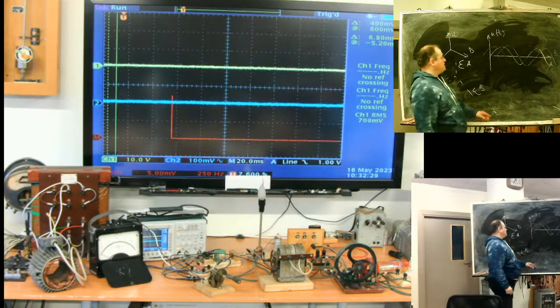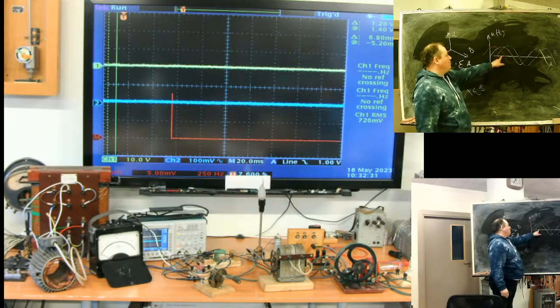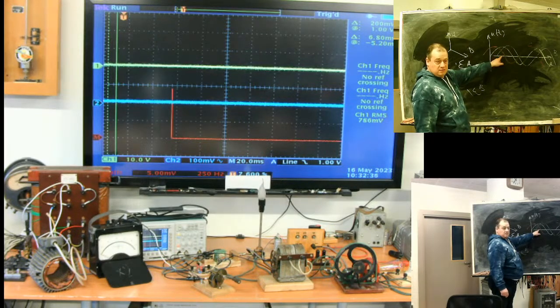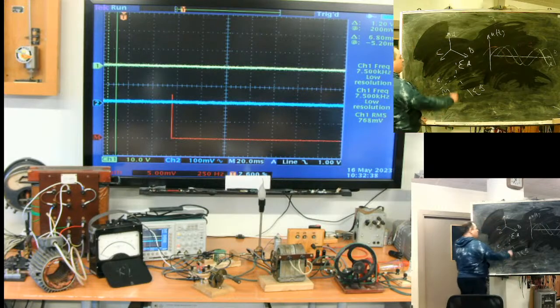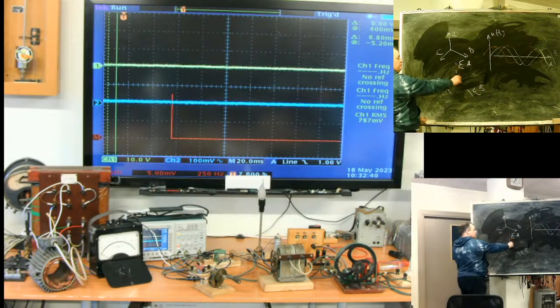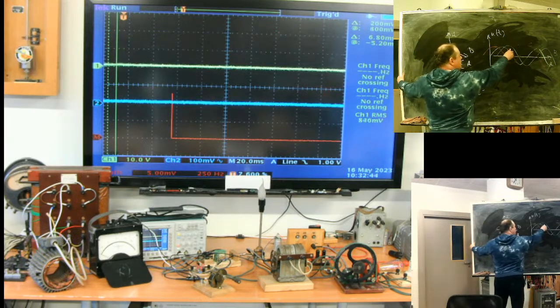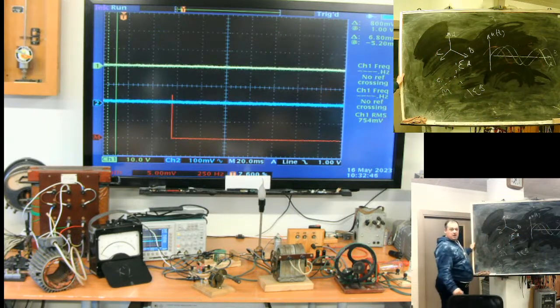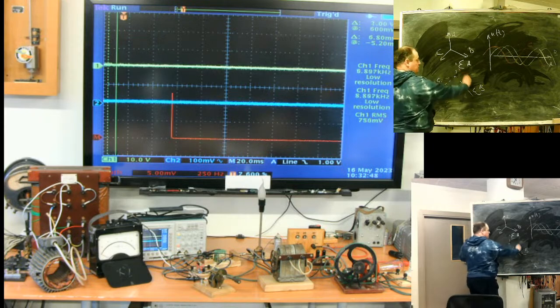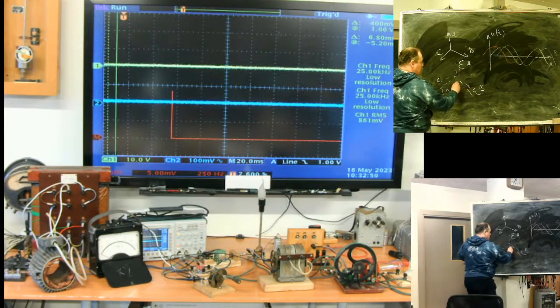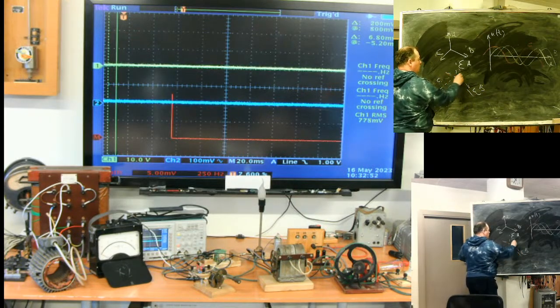For time moment 0, let's say for this time moment, maximum voltage is at A phase, yeah? So the maximum of the magnetic field will be here. Next moment, here, the maximum voltage is B, the maximum of the magnetic field is here. Next moment, C, and so on.